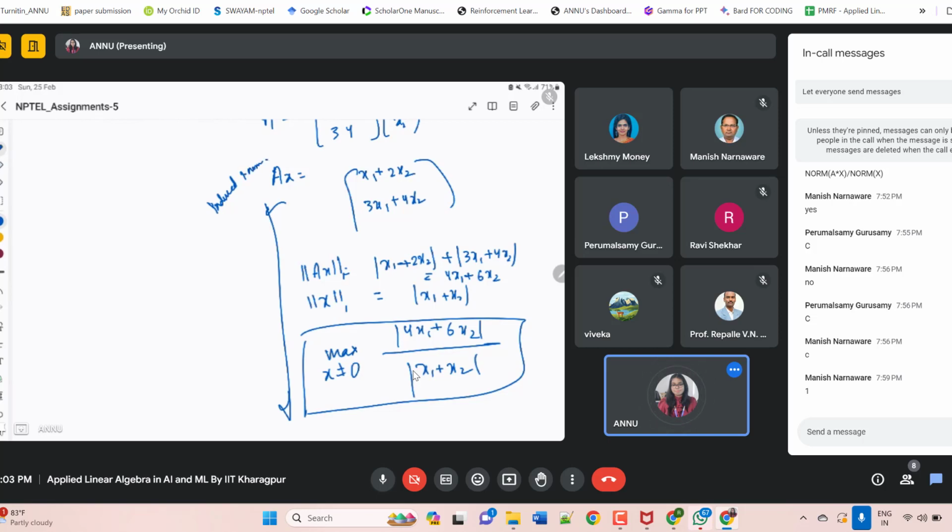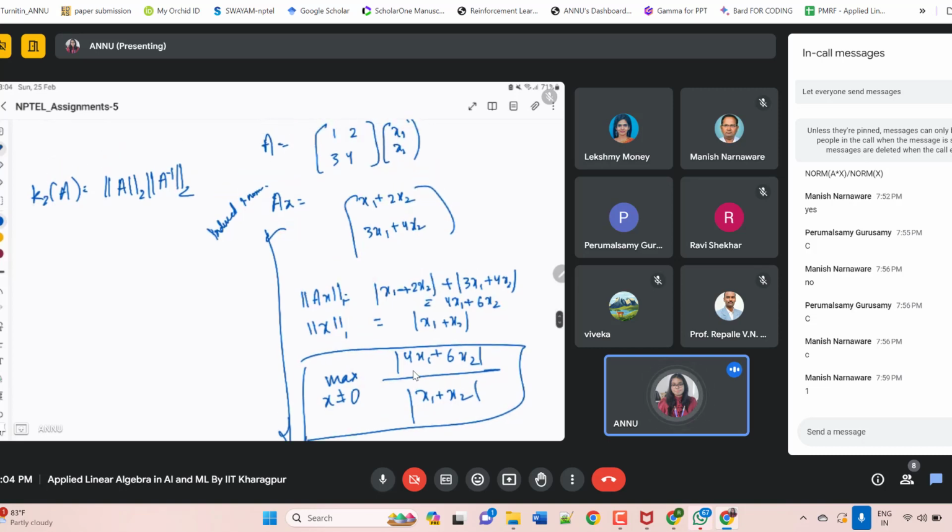So condition number is simple. K2 of A is simply the norm of A. You just have to compute the two norm of A. First of all, you have to calculate the two norm of A, then multiply with the two norm of the inverse of A. How will you calculate the inverse of A?